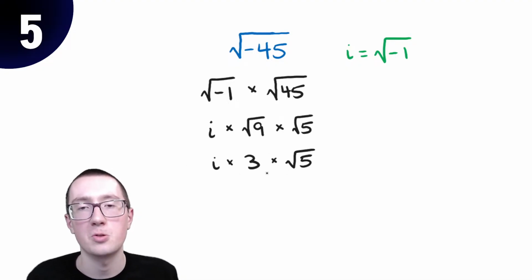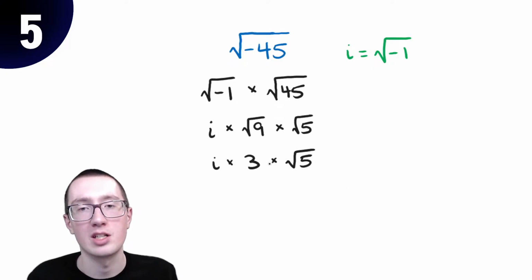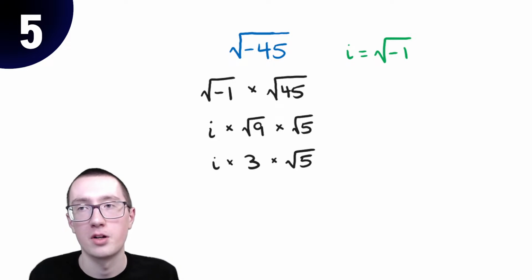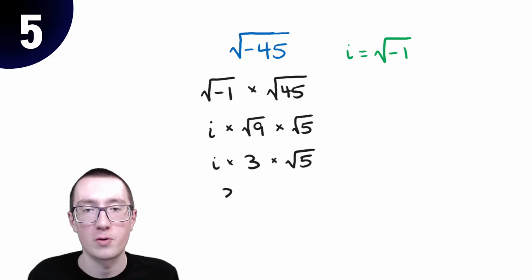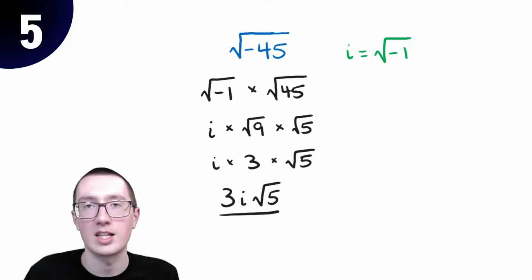The only thing that's left to do is to make this look a little bit cleaner, because remember that in algebra, you don't have to put the multiplication symbols. You can just put things next to each other. Usually I like to put the number first, then the i, and then the square root, because we normally put numbers before letters anyway.